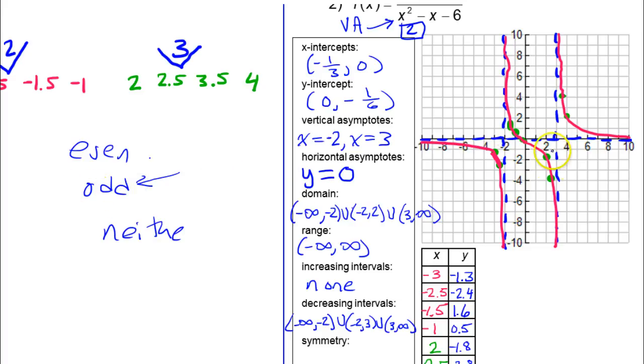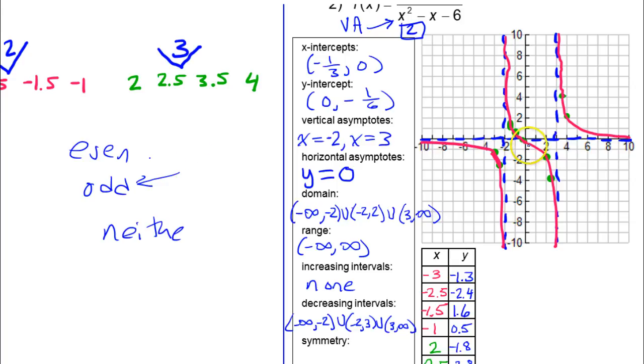Remember, it's odd if it looks the same when you turn it upside down, exactly the same. And it almost does. If you turn this upside down, it would be hard to see that it's not quite the same. So you'd be forgiven if you called this odd, but here, let me tell you why you would lose points for that.